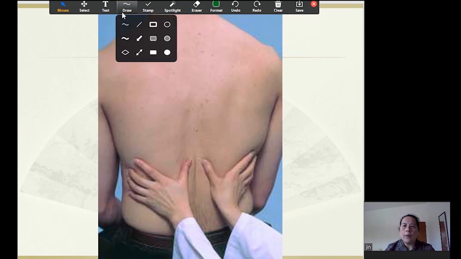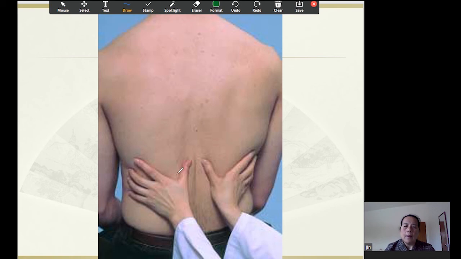We put our hands on the back part of the chest area first, leaving a small distance, about 1 to 2 centimeters, and then tell the patient to breathe deeply. When the patient breathes deeply, the lung will expand, and your fingers will move away, following the lung expansion.